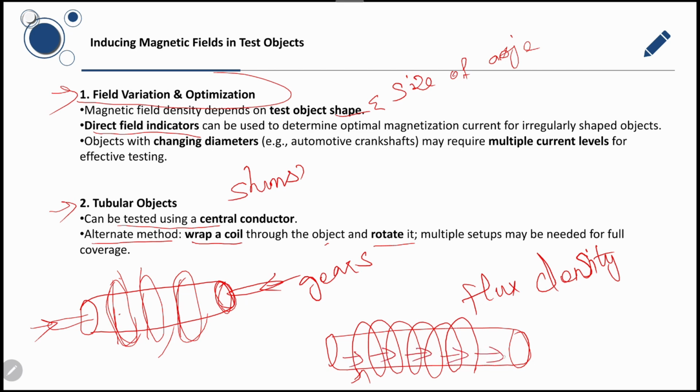So this is a longitudinal magnetic field. To ensure complete coverage, the tube may need to be rotated or tested in multiple setups, since one orientation may not detect all flaws. So we can use multiple orientations to find all flaws or defects.